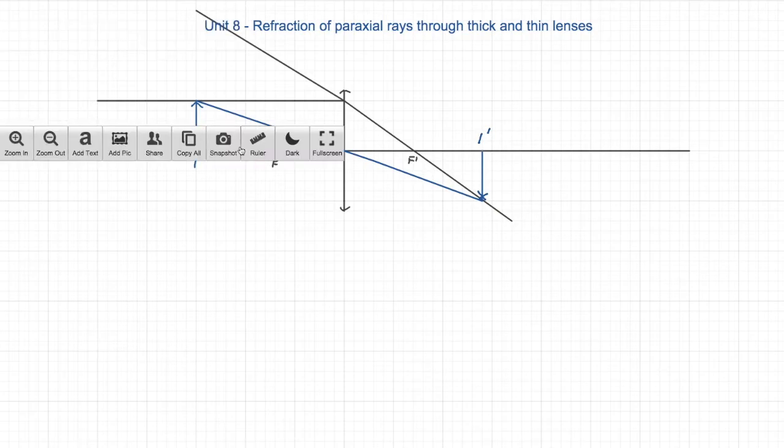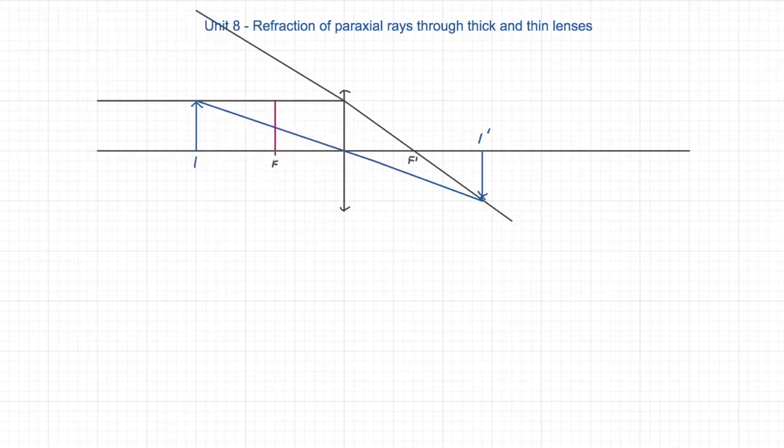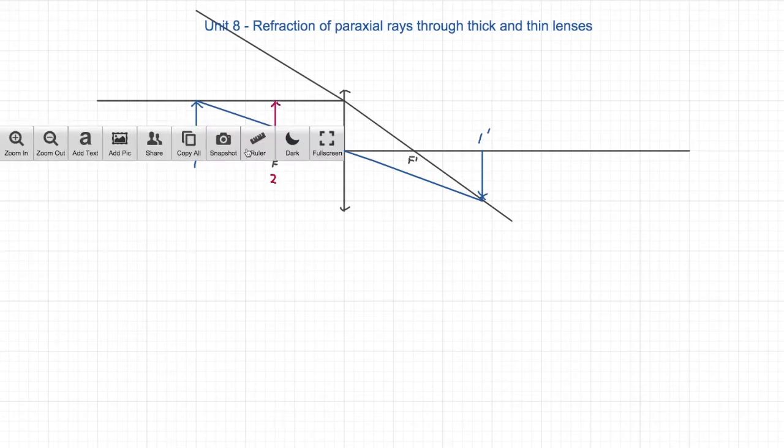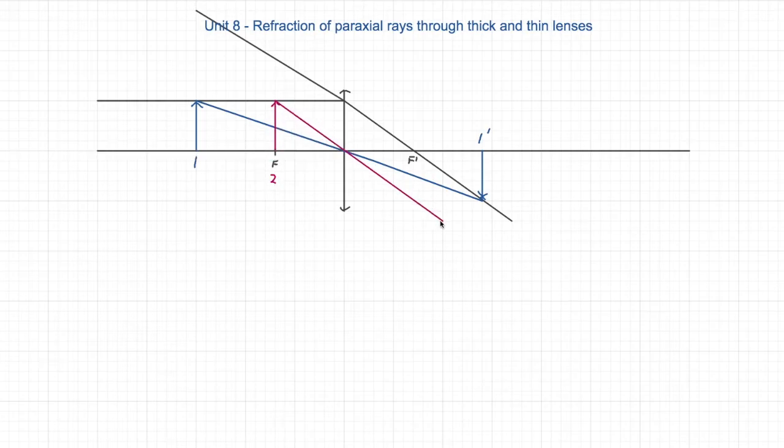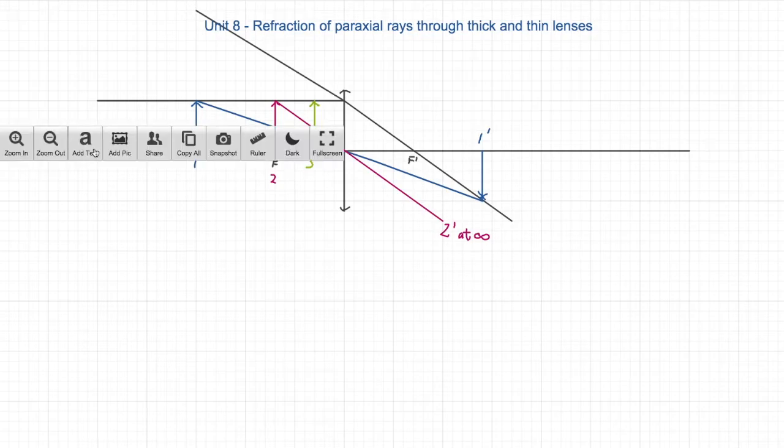Our object number 1 was also real. Now we'll place real object 2 at the focal point, send the ray through the optical center, which we see is parallel to the ray that we drew previously. Therefore, 2', the image, is at infinity.